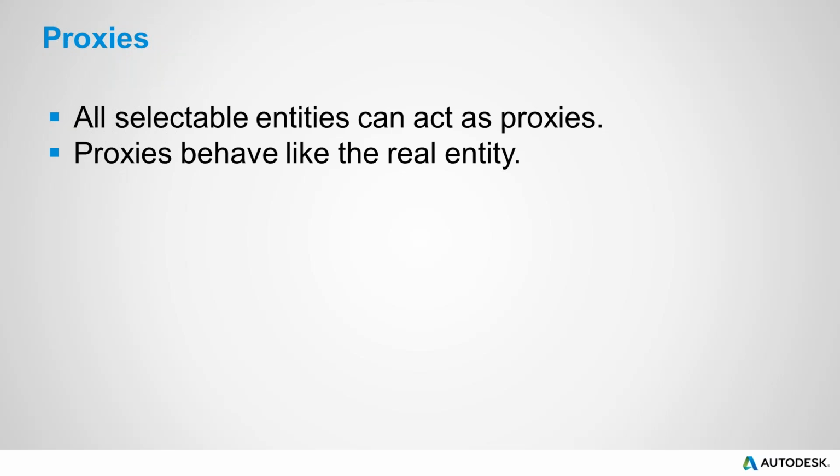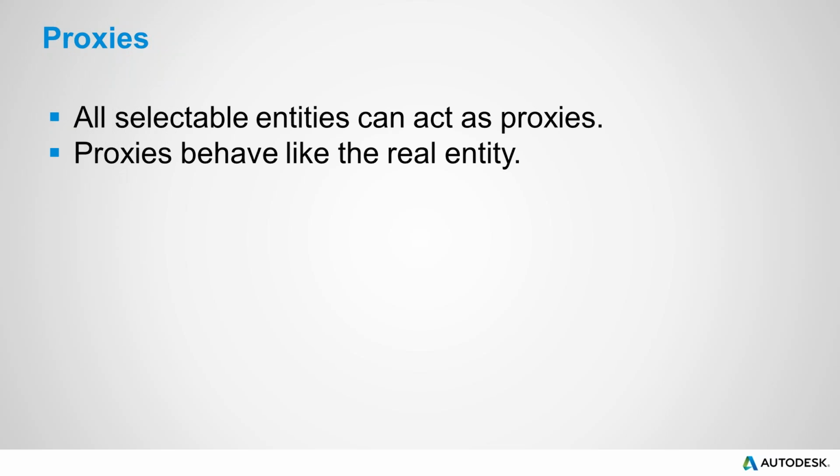So if the user picks that face that I had highlighted in the previous slide, and you get that face through the API, you'll get back a face object. But it's not the real face object, it's a proxy of that face. So it's acting as that face, but as the face that was selected, because they're different, right? One face is in one position and the other one's in another location in the model.